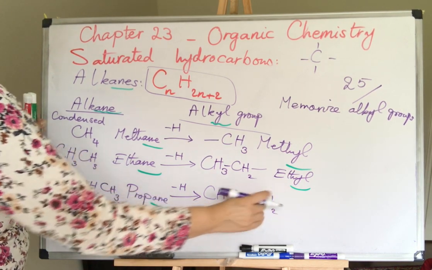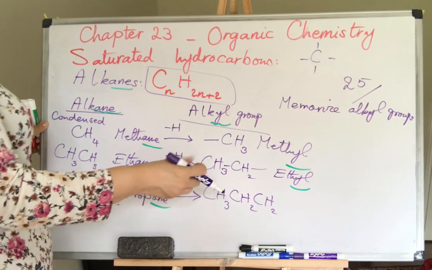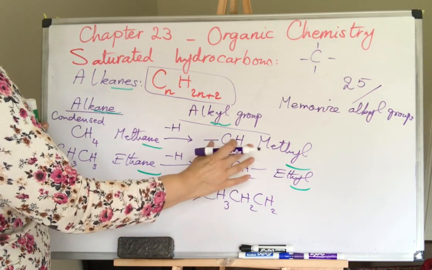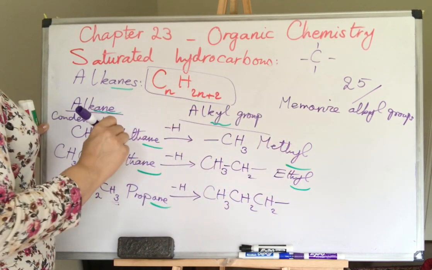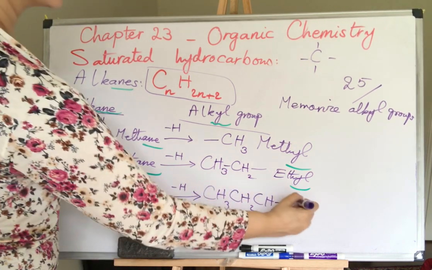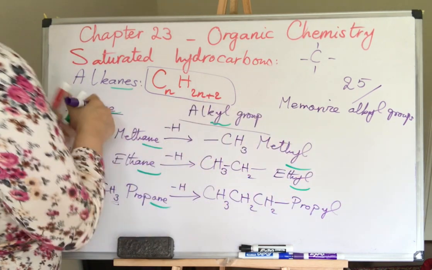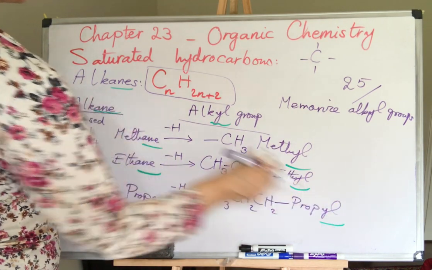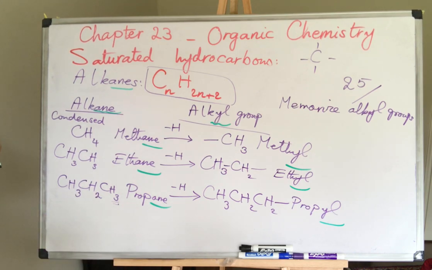Again, this carbon does not have a complete octet, does not have 4 bonds, and then you have to put a bond here. So if it was propane, it's called propyl. I told you, you need to memorize. There is no other way to learn them. I have memorized them, and I learned them by memorization. You can do that too.